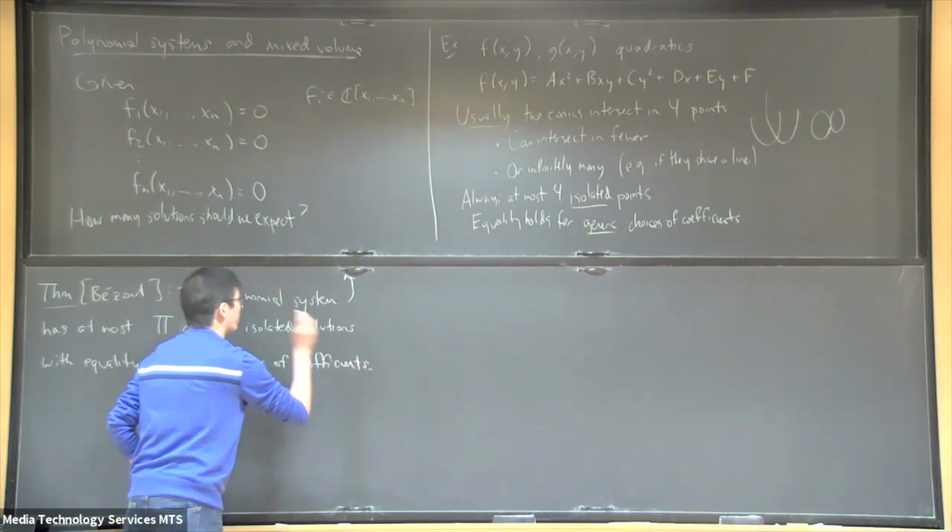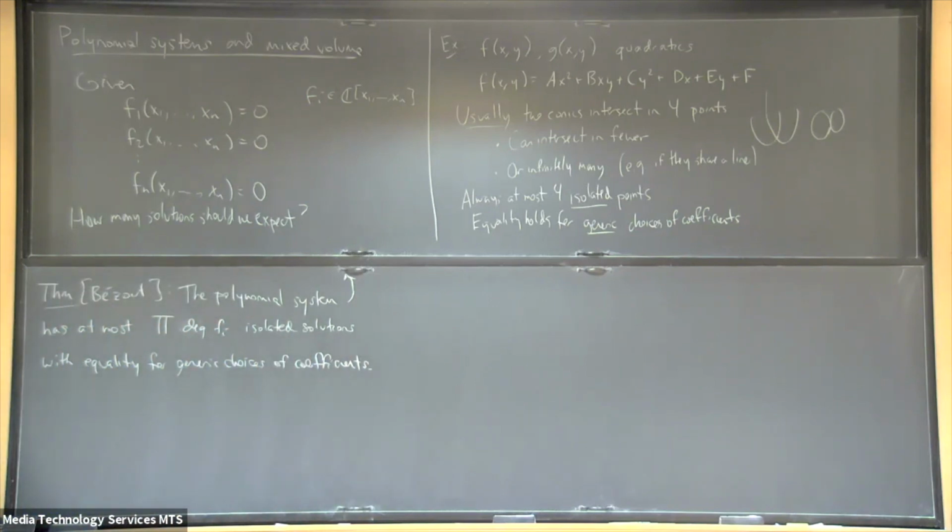That is, if you fix the degree of each f_i, and then for a given degree, you pick your polynomial coefficients essentially randomly, then you'll actually get exactly the number of solutions, which is just the product of the degrees.